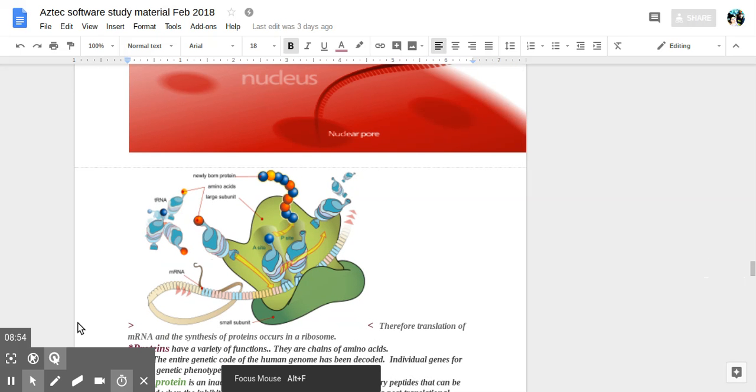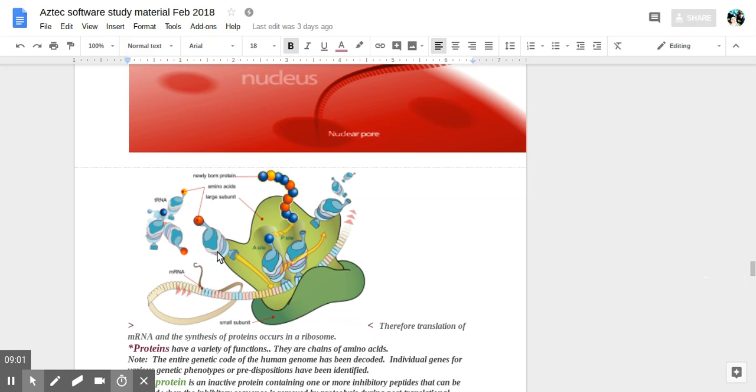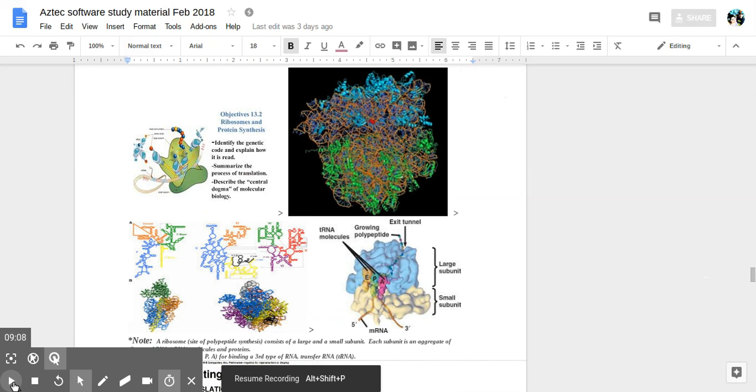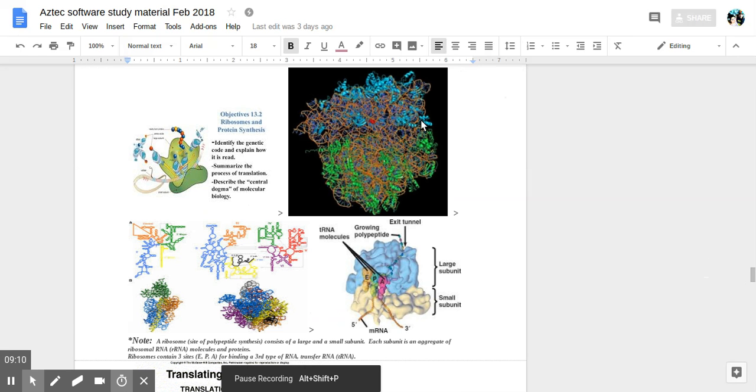This is the ribosome once again, showing how the peptide chain fits within it, the mRNA strand and the tRNAs. So once again, a ribosome, which is shown in 3D here, a very beautiful model. Polypeptide synthesis is its function. It consists of a large and small subunit, and it is an aggregate of ribosomal RNA molecules and proteins.